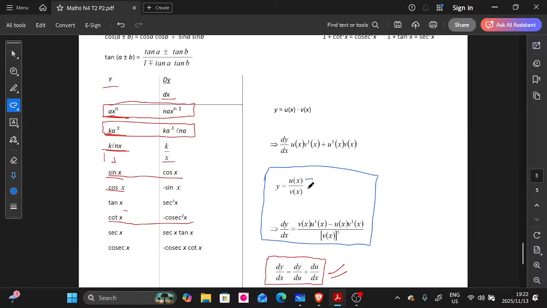I prefer to use f of x and g of x, but it's up to you. The formula states that you must derive u and leave v, and then minus, you leave u and you derive v, and then you square the denominator, which is v squared. So you can use that formula.